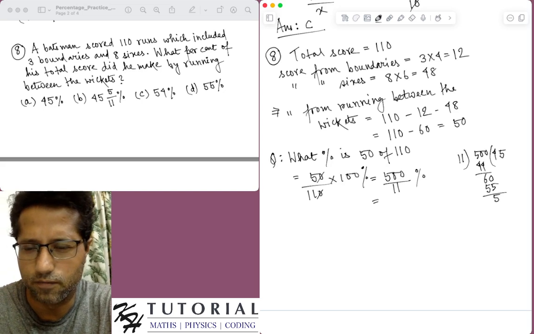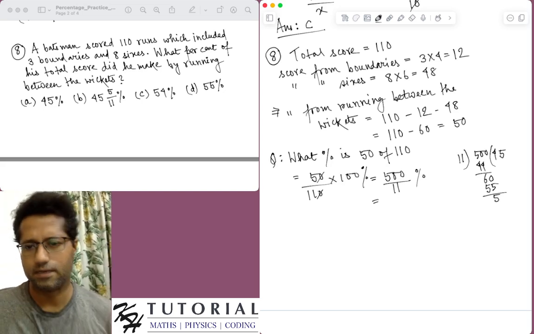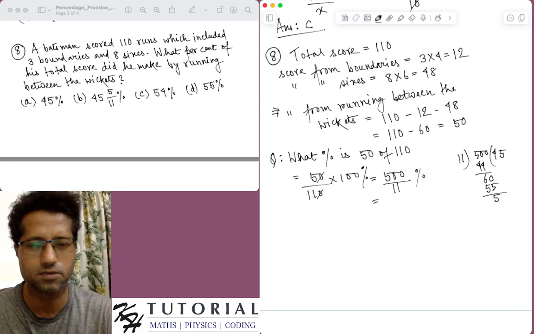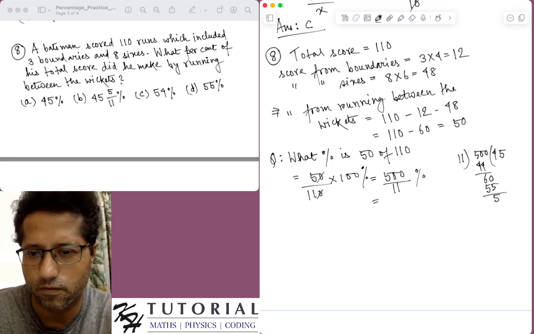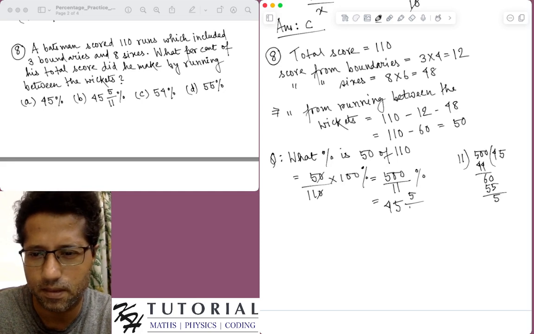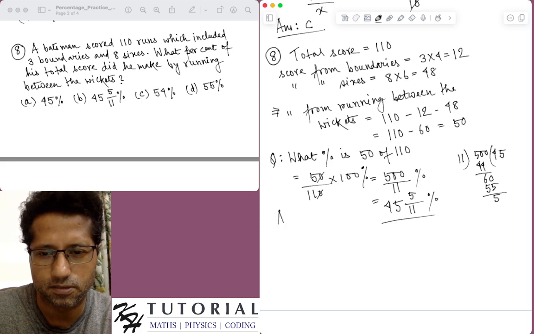So if we express 500 by 11 as a mixed fraction, because one option is given as a mixed fraction, this is 45 5 by 11%. So obviously the answer is choice B.